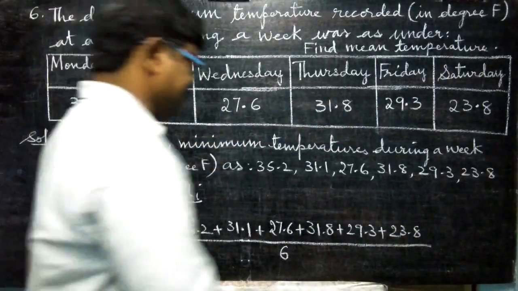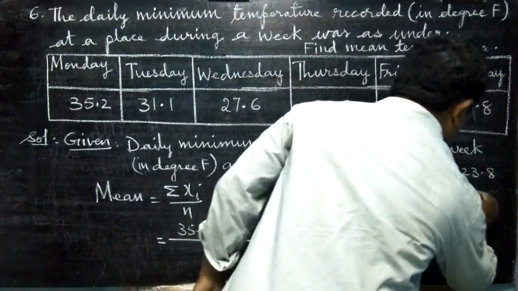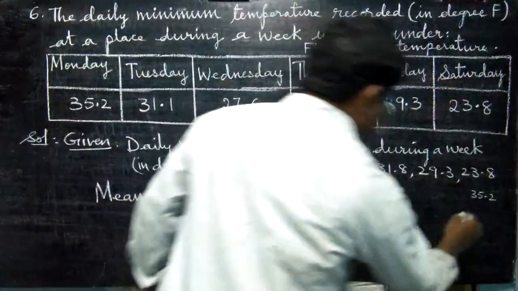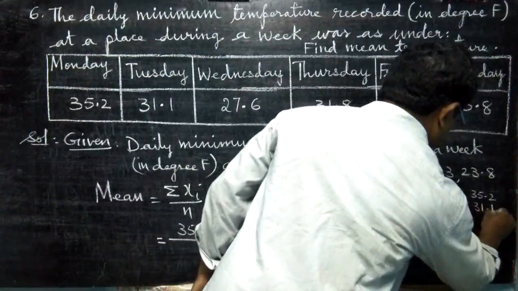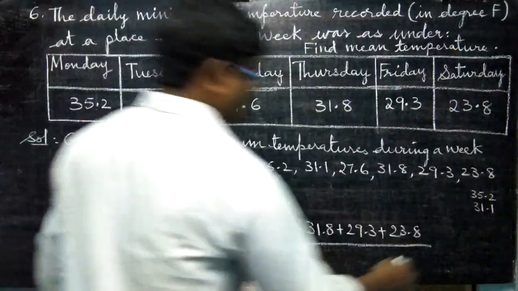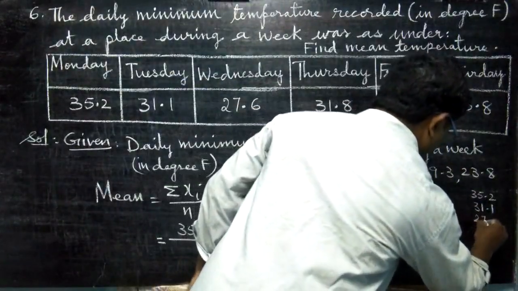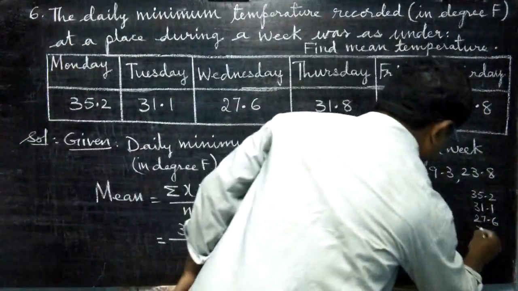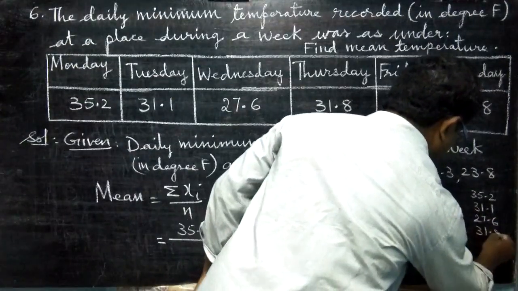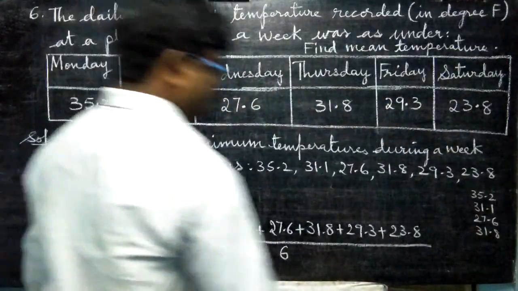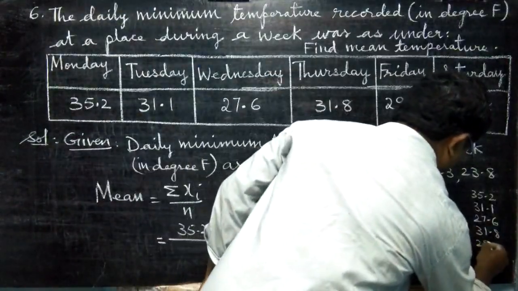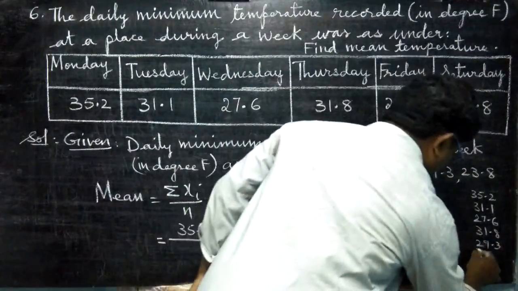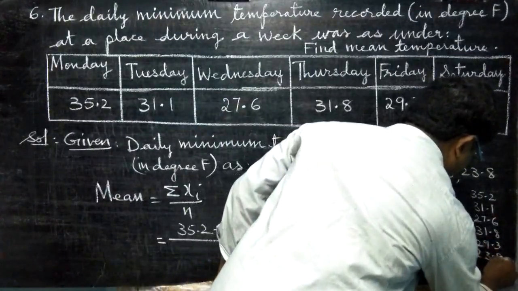Carefully, how to add: 35.2 plus 31.1 plus 27.6 plus 31.8 plus 29.3 plus 23.8.